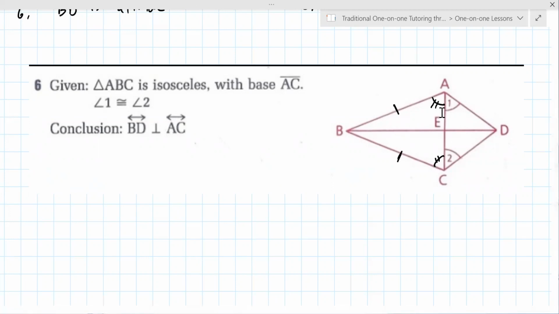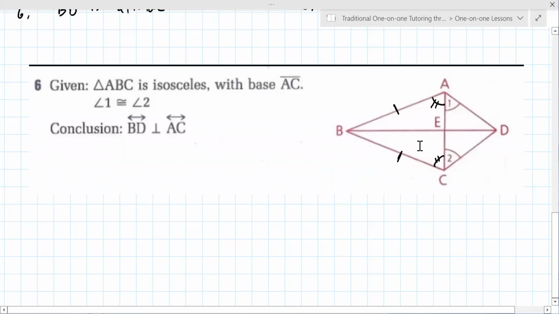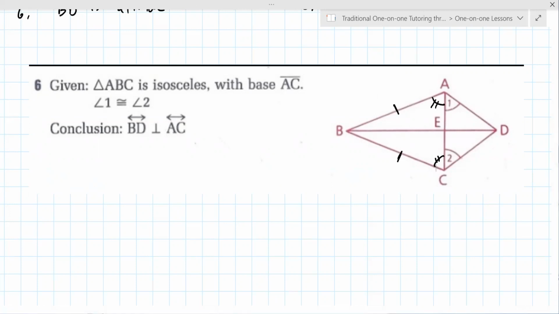BD is perpendicular to AC. The other thing that we can do is if we can prove that AE equals EC, I believe that's enough to prove that it's a bisector. But is that enough to prove that it's the perpendicular bisector? I'm sort of asking that rhetorically, but I'll take a response if you've got it.